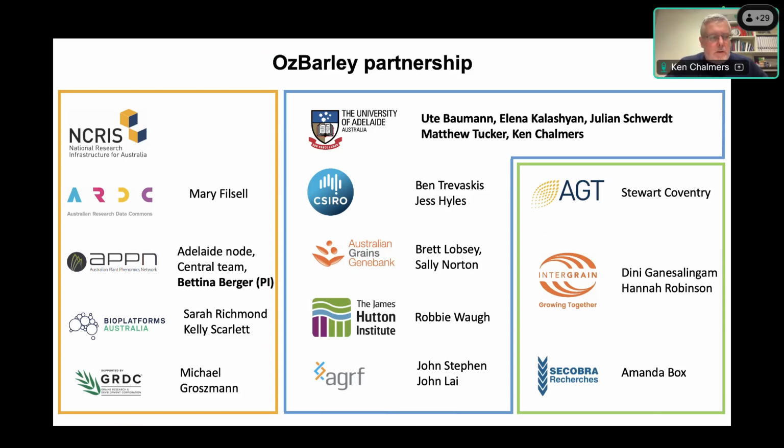And one of the things that we were lucky enough to do was get funding from the GRDC to allow travel to each of these field trial sites. So we had an open call for scientists to request funds to travel to these sites and collect phenotypic data for their favorite traits.